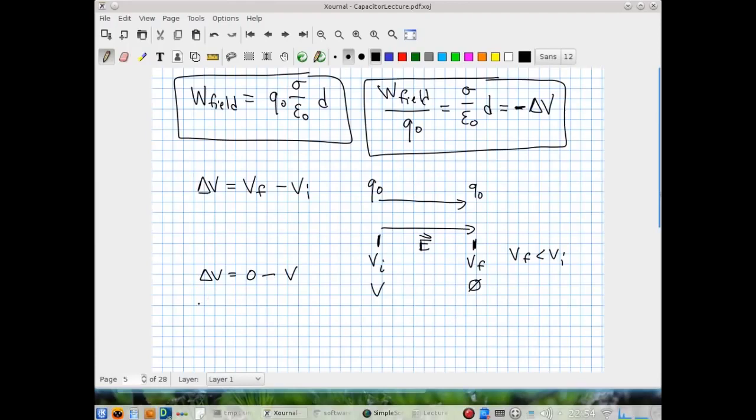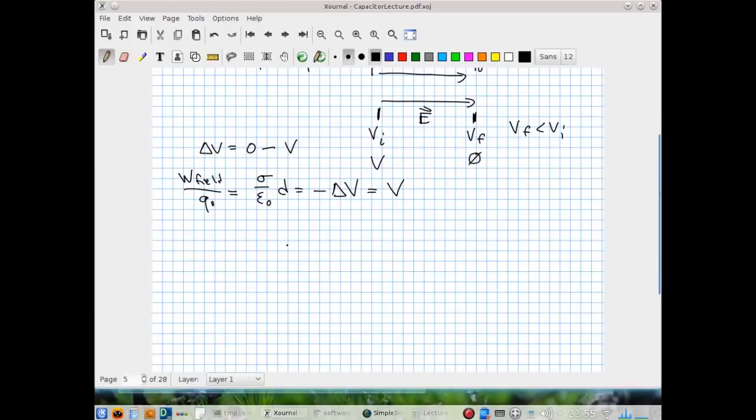All right, well, this is great because we see that the work done by the field per unit charge is equal to sigma over epsilon naught d, which is equal to the negative of the change in potential, which is equal to just V, because I have a minus sign here and a minus sign here, and so I get a positive sign.